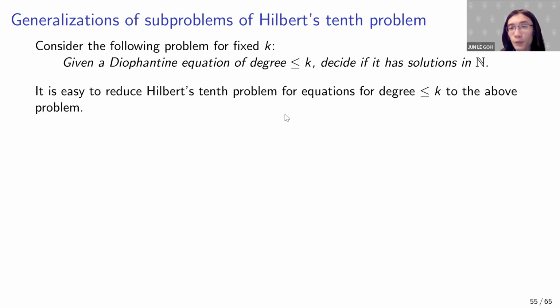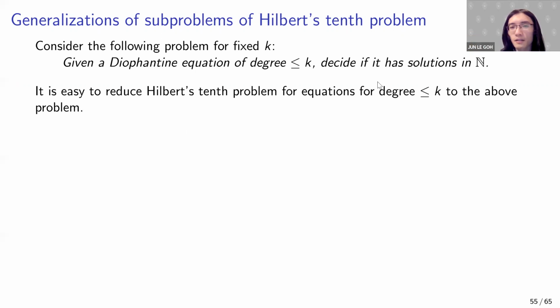So in one direction, everything still works. If we can reduce Hilbert's 10 problem for equations of degree less than or equal to k, we can reduce it to the above problem.